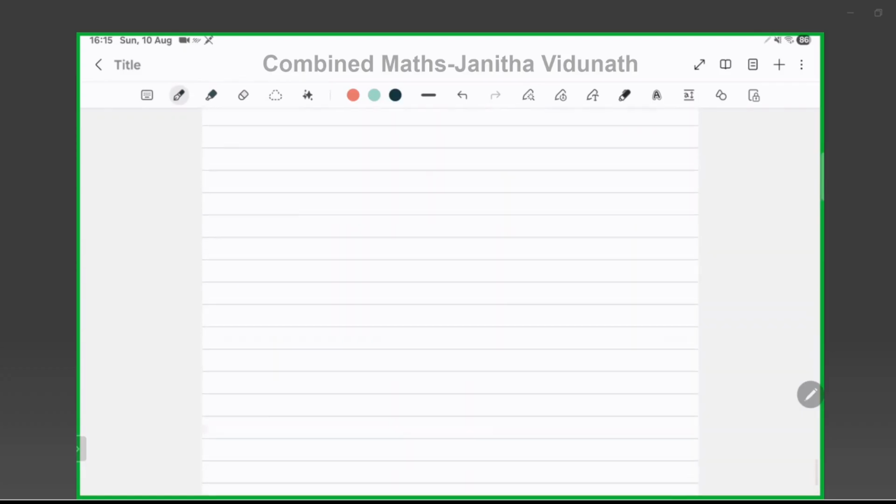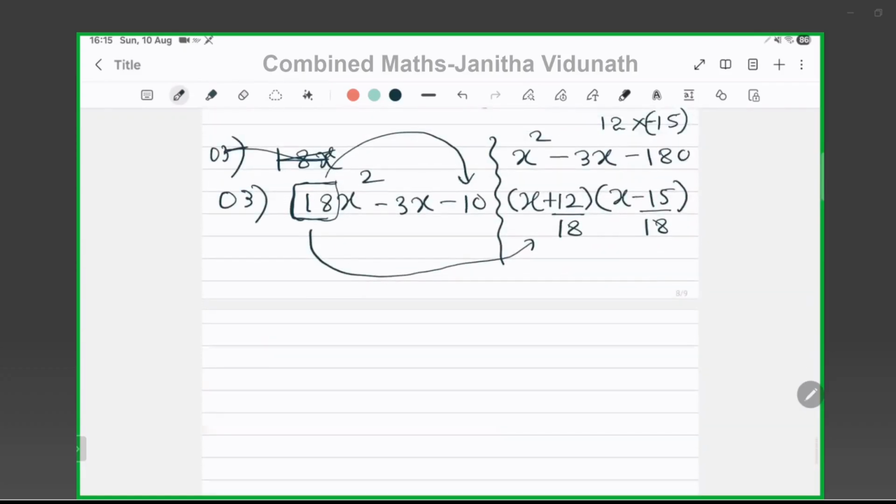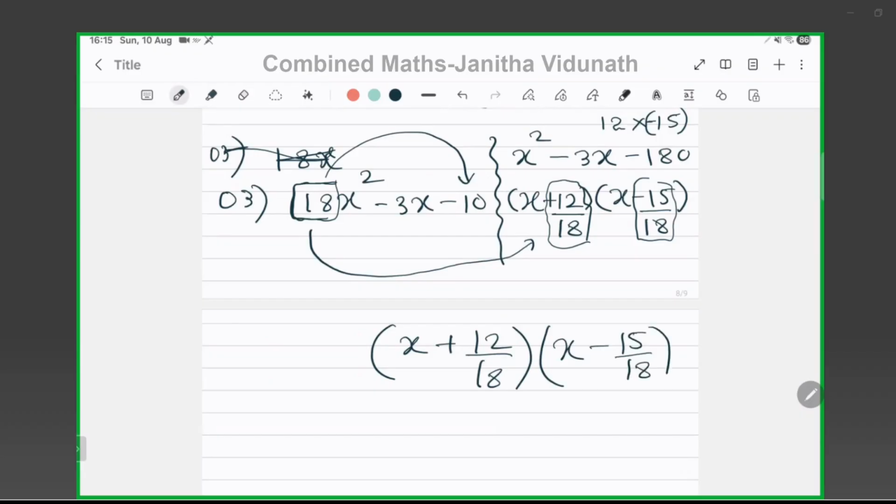Then we need to simplify those two fractions. This is one fraction and this is the other fraction. Then we get x plus 12 over 18 and x minus 15 over 18. We can divide both numerator and denominator by 6. Then we get 6 times 2 and 6 times 3.